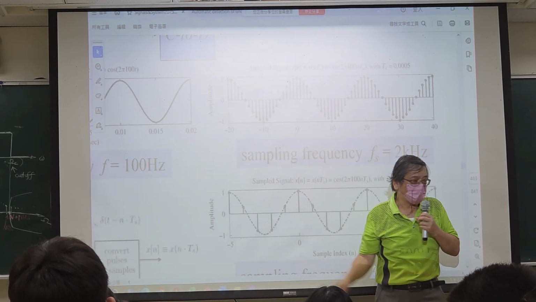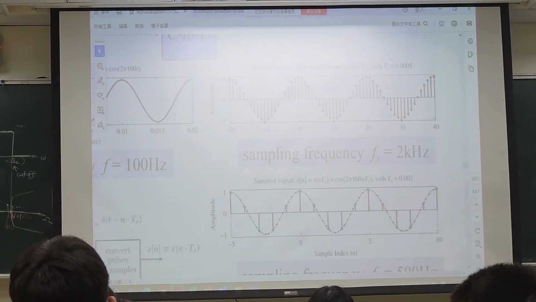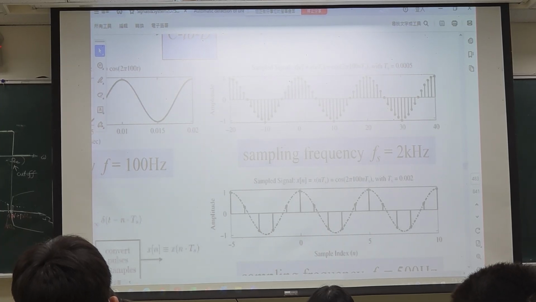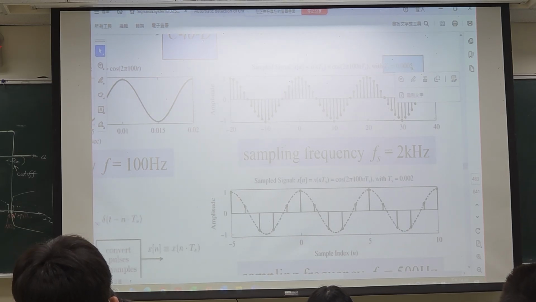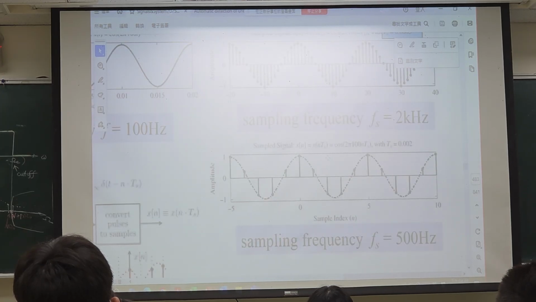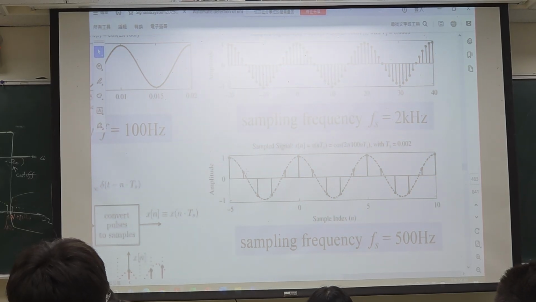You can see that for this one, the sampling frequency is 2K hertz, 2000 hertz. That means we take 2000 points in 1 second. So the sampling time is 0.0005 seconds. But now if we choose a slower sampling frequency, this becomes 500 hertz, and you can see this is the sampled signal.